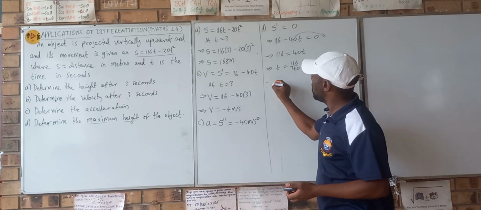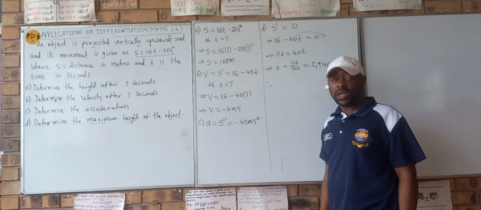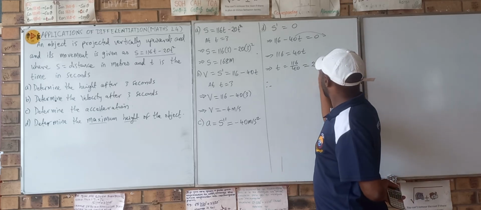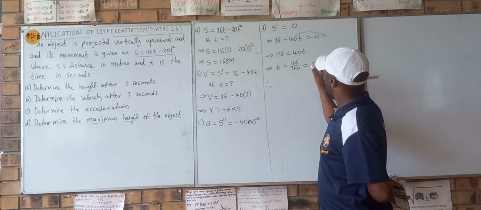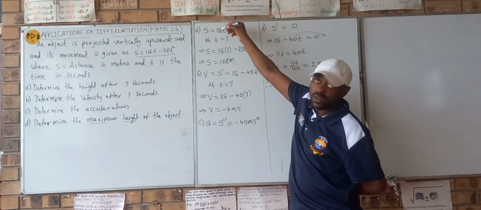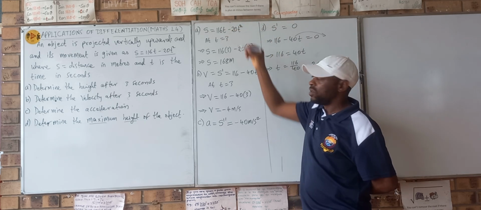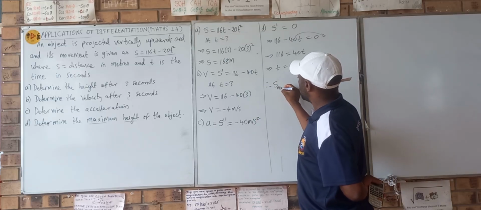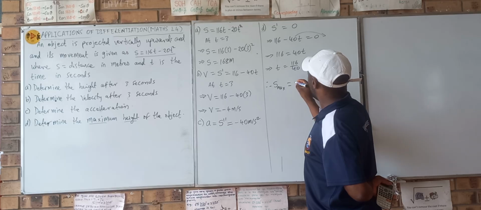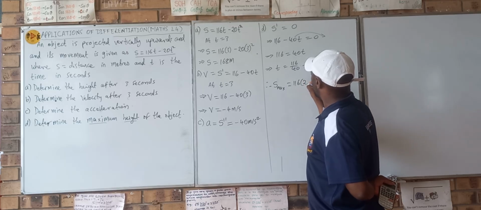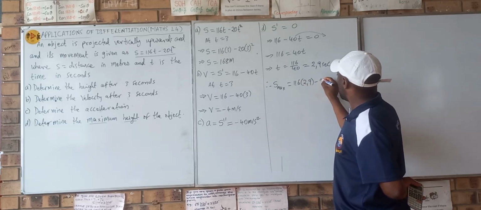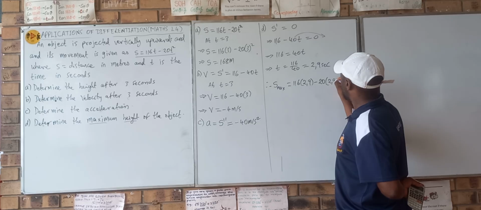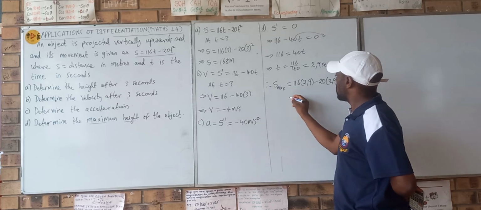Therefore, from here, I can get the maximum height. The maximum height means I will substitute this time into the original height equation. So my maximum height, if I call it S max, will be 116 into 2,9 minus 20 into 2,9 all squared.